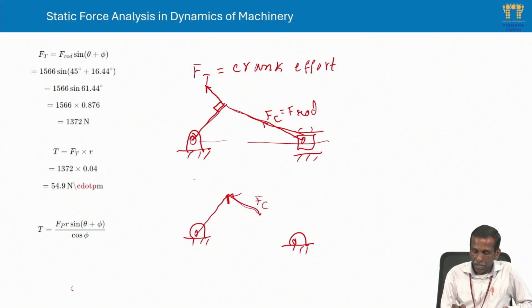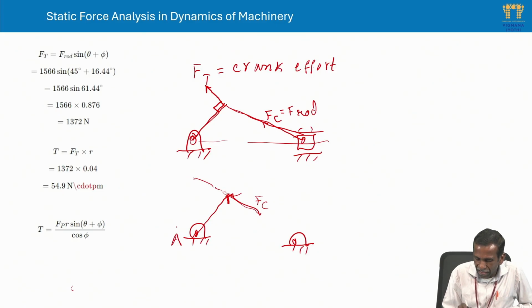Now what is the moment of this Fc about this point, let us say A, the crankshaft? If we want to directly take Fc terms, then draw the line of action of Fc at A, and we need the perpendicular distance.